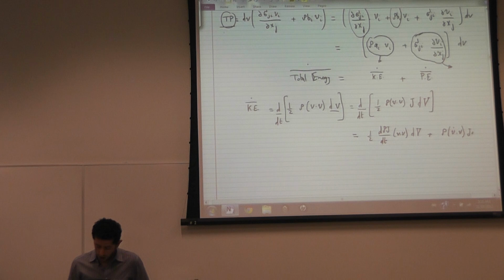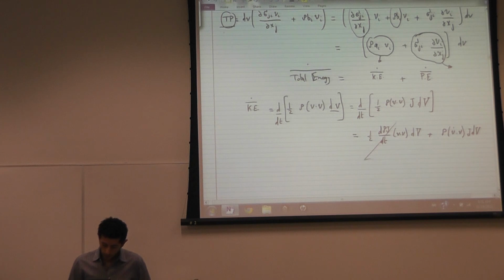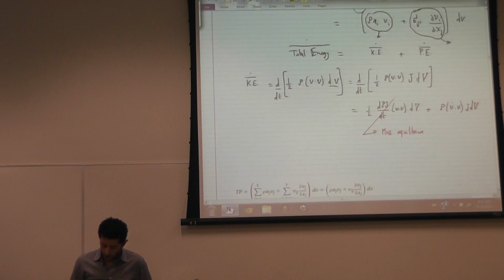Now from mass equilibrium, this will go. So check the mass equilibrium that we studied earlier. And so indeed, the rate of change of the kinetic energy is equal to rho A dot V integrated over the volume. So this is indeed the kinetic energy.